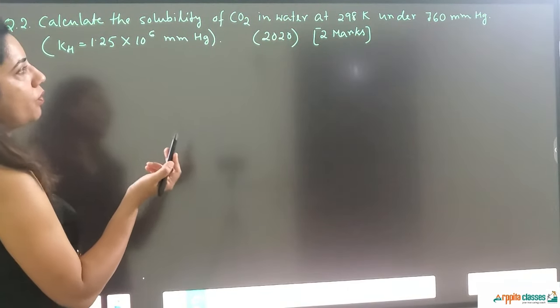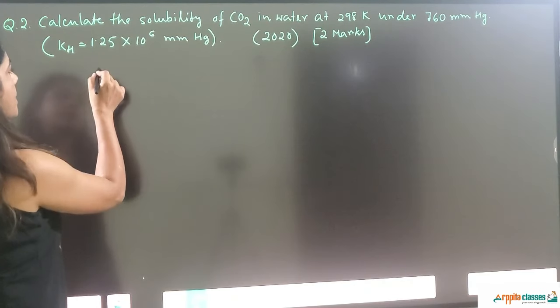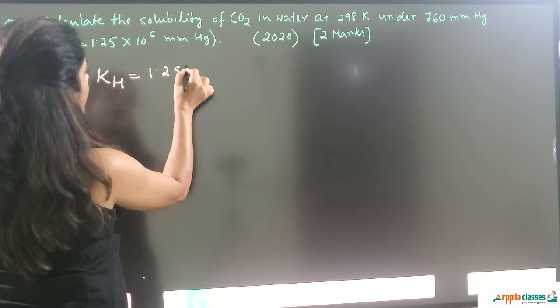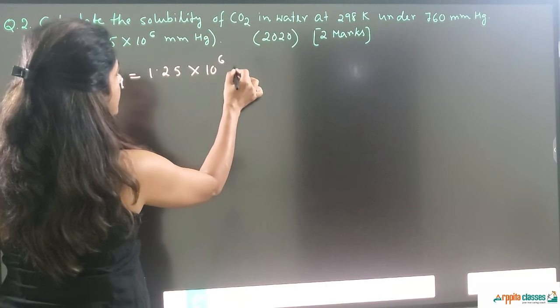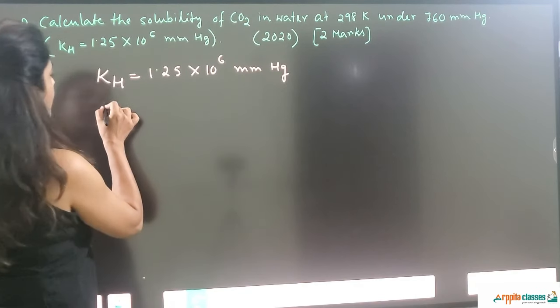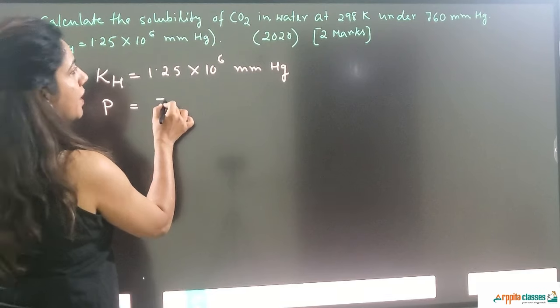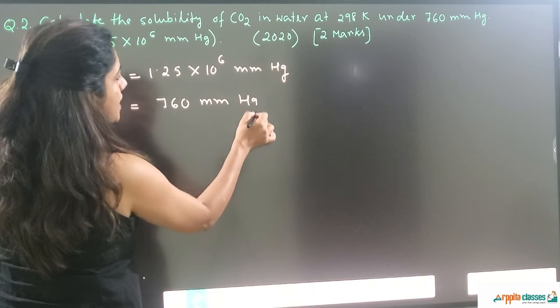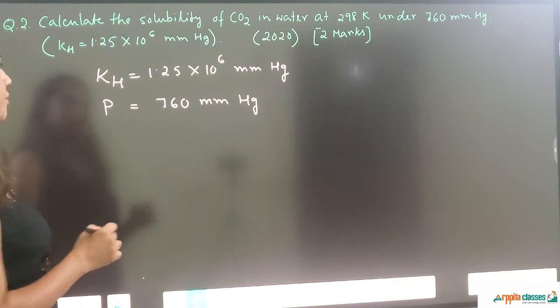First we'll write down what is given to us: Kh is equal to 1.25 into 10 to the power 6 mm of Hg, and the pressure P is 760 mm of Hg. Both of them are in the same unit, so we don't have to convert anything.